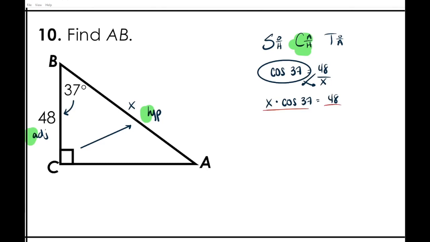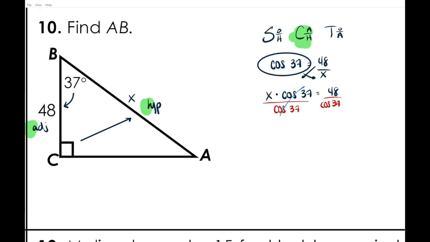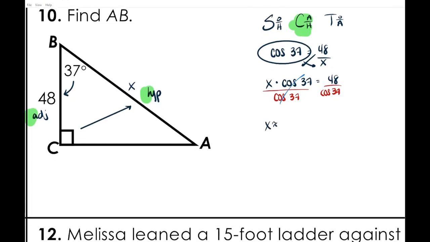Divide both sides by the cosine of 37. That's going to reduce to 1 on the left. X is approximately, right to our calculator, 48 divided by the cosine of 37. 60.1.